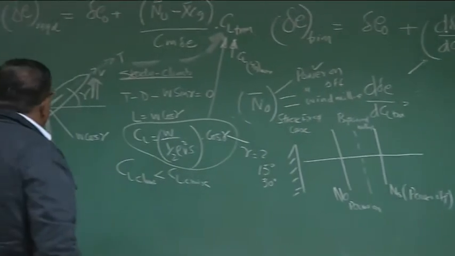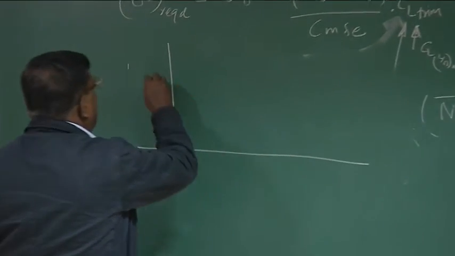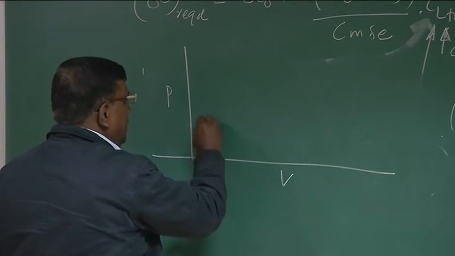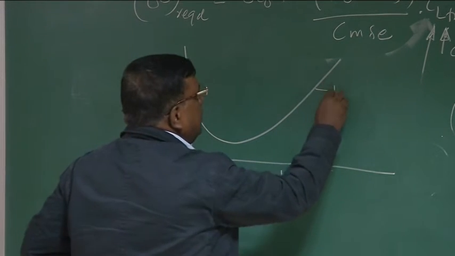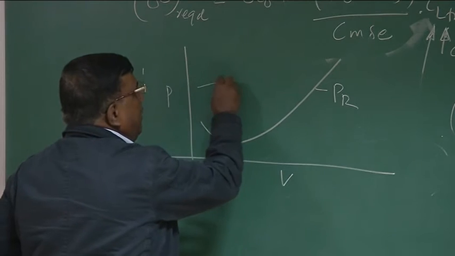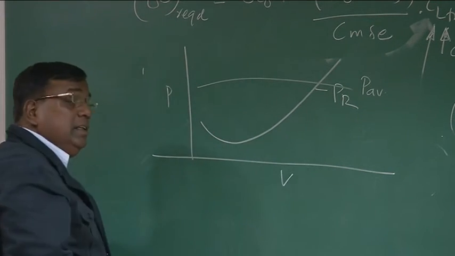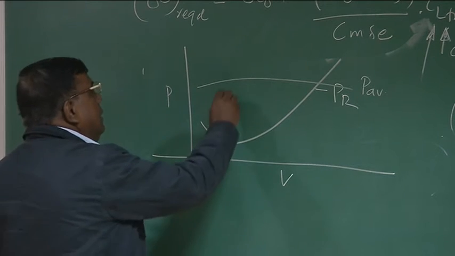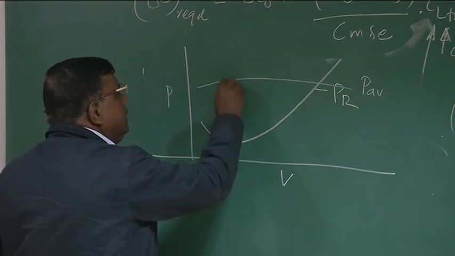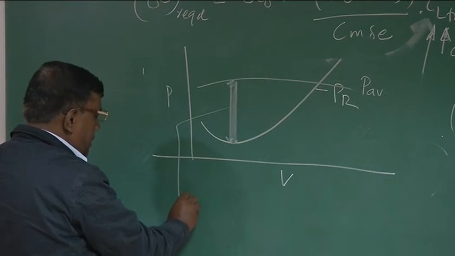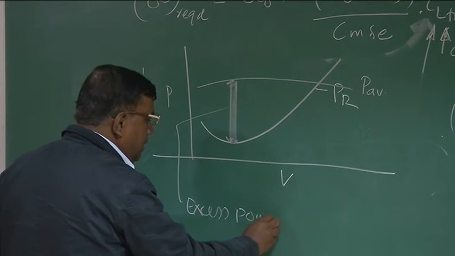Now, from the pilot's point of view, if I write power and V, we know the power required graph will follow something like this. And let's say power available for a particular type of engine, propeller driven, remains almost constant with speed. Wherever this excess power is maximum, because this is power required and this is power available, this is the excess power.